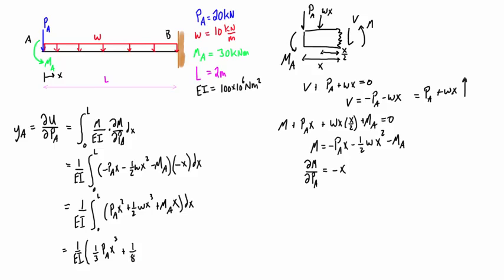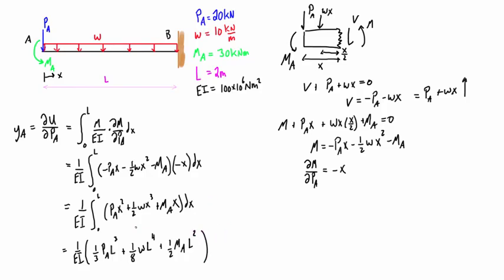So we have 1/8 times Wx to the power of 4, and we're going to sub in L for all those x's, so we get L to the power of 4, plus Ma, this goes 1/2 x squared, so we get 1/2 Ma x squared, but we're substituting in L for that, so boom, L squared.